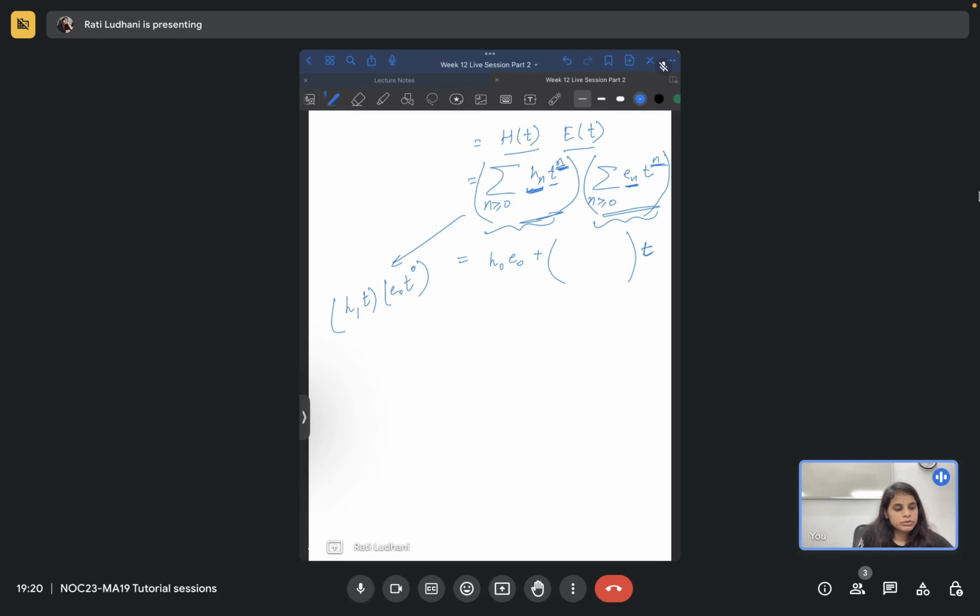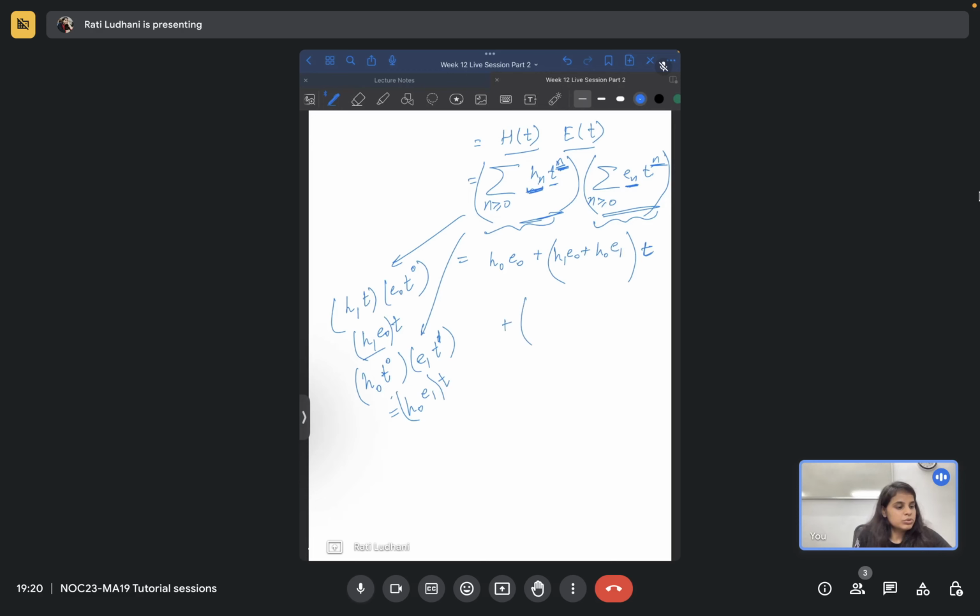We get h_1 e_0 t. Similarly, taking h_0 t^0 and e_1 t^1, we get the coefficient h_0 e_1.